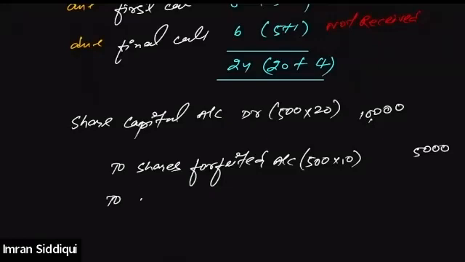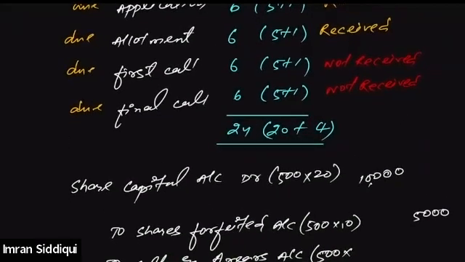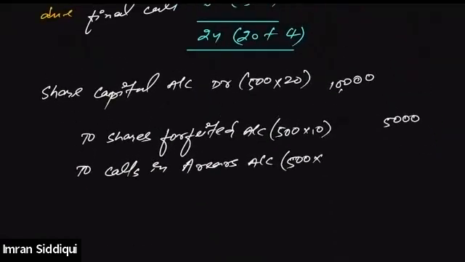Then calls in arrears. Is that correct, Mariam, Ayan, Eben, Alexander, Halima? Yes, sir. Okay. Then what is the amount which is due? 500 into 12. Calls in arrears is always written including the premium as well. So the total amount due towards the first and final call is 12 rupees, including premium.